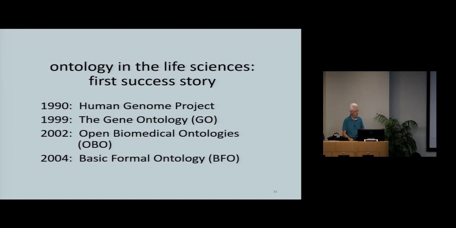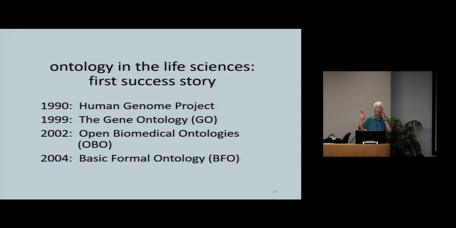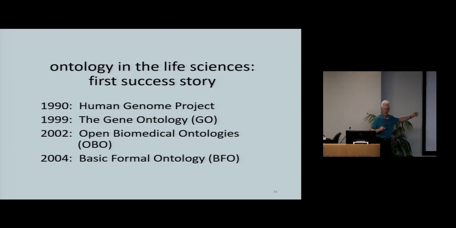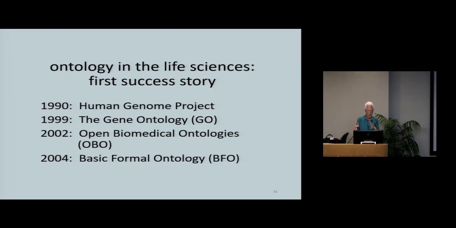All right, so this is the parallel story of ontology in the life sciences, which was, practically speaking, independent of the development within computer science. So it was not computer scientists who were involved in this. The Human Genome Project was not just the Human Genome Project, it was a fly genome project, a fish genome project, a yeast genome project, and so on.